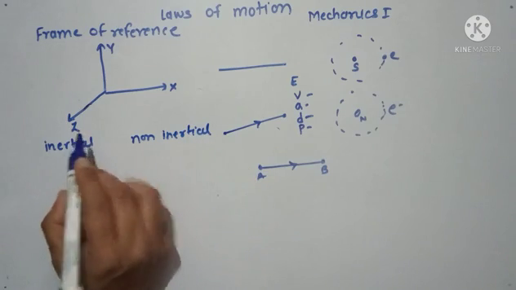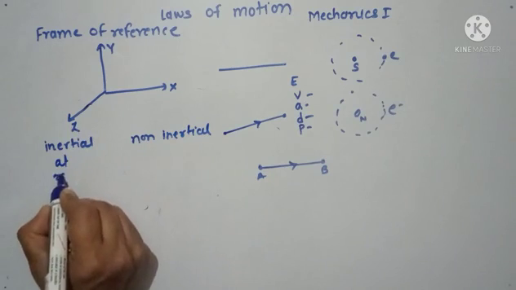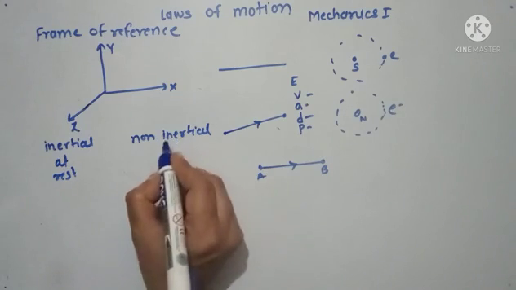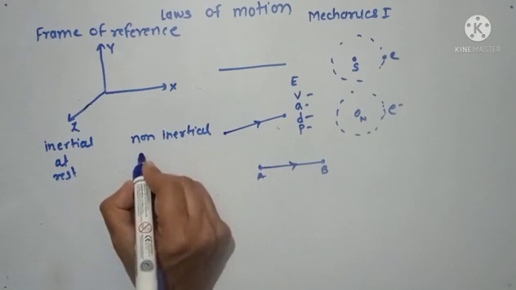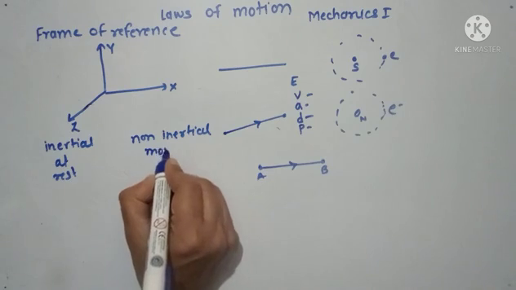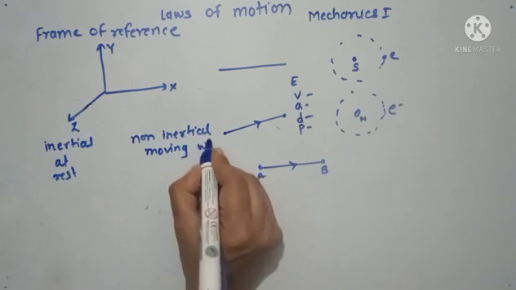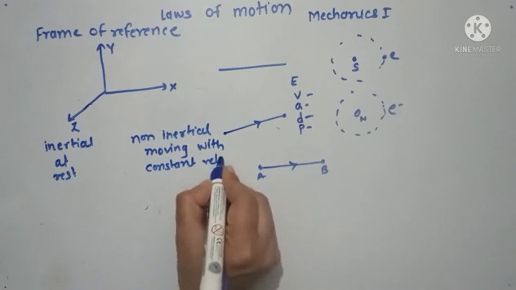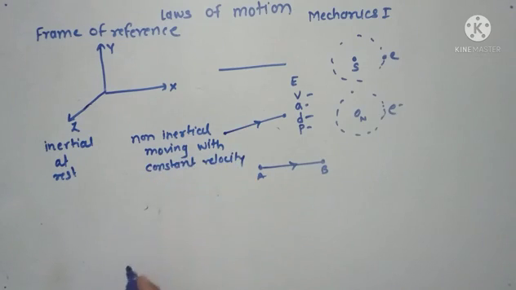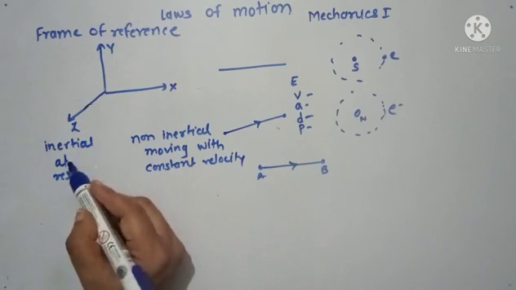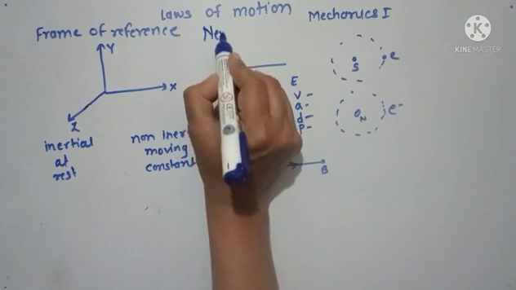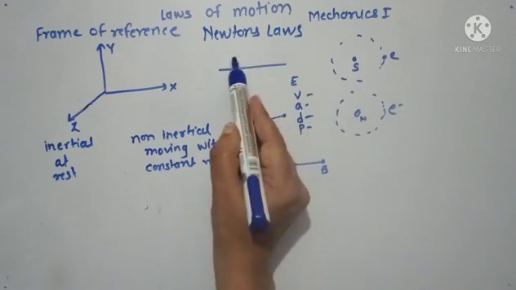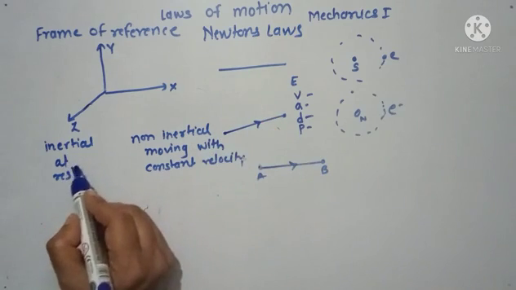The frame of reference which is at rest is called an inertial frame of reference, and the frame of reference which is moving with some constant velocity is called a non-inertial frame of reference. All of Newton's laws of motion are valid in an inertial frame of reference.